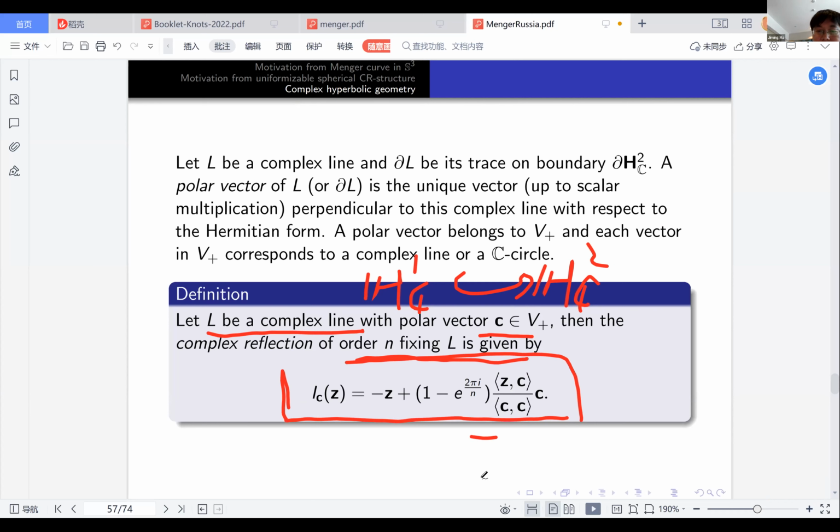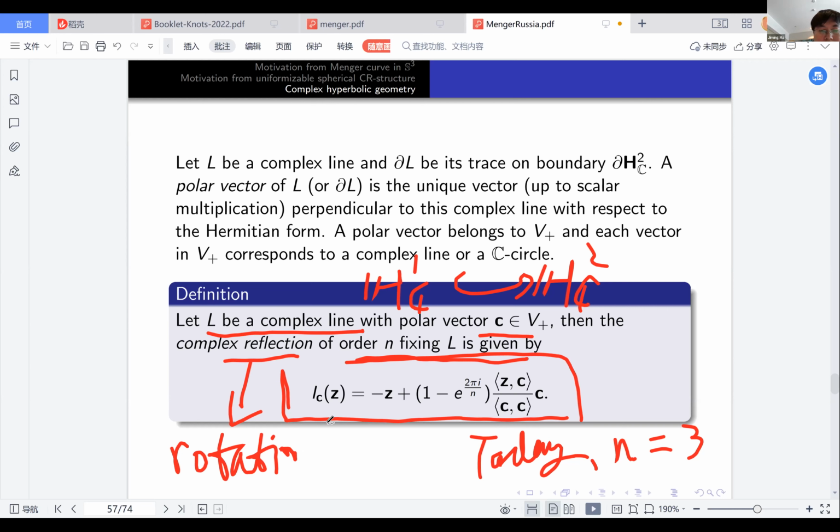So today we just consider n equal to 3. Yes, today we just consider the case of n equal to 3. And even though we call it a reflection, in fact it is a rotation in HC2.